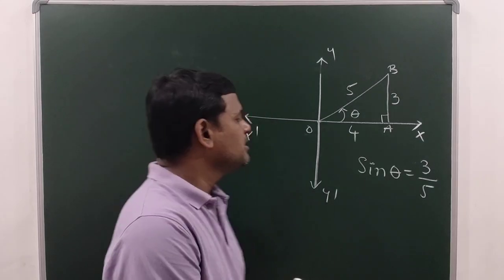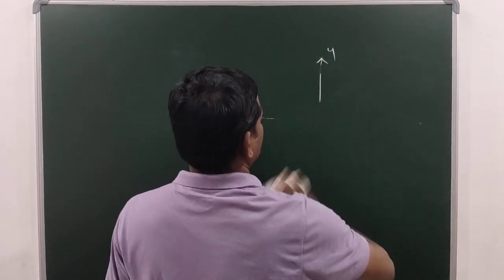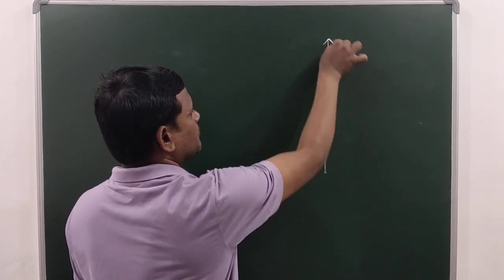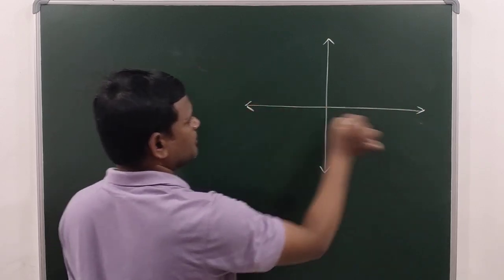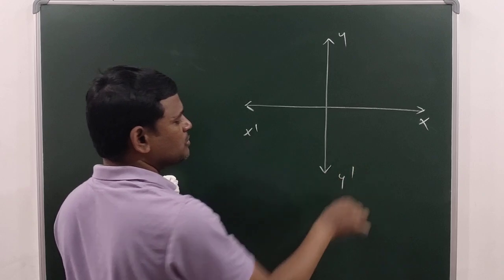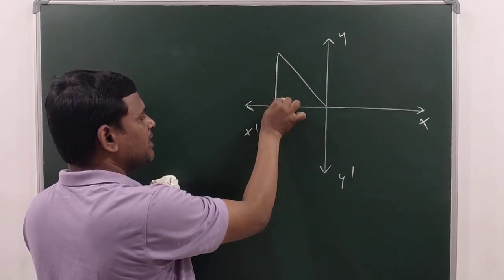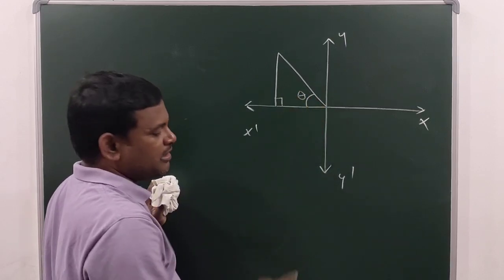Okay, right. Similarly, go to the second quadrant. If an angle belongs to the second quadrant, as you know, you have to take the right angle triangle like this, and take the angle here.